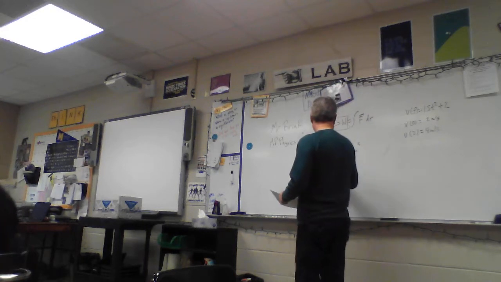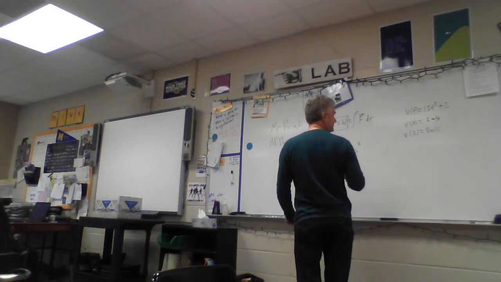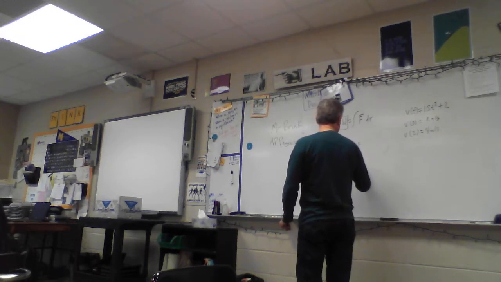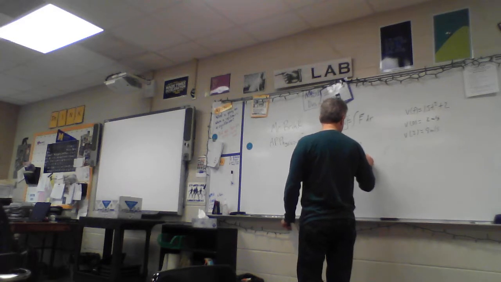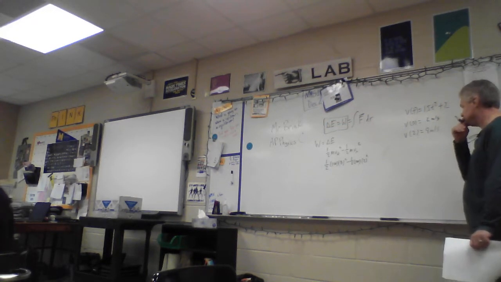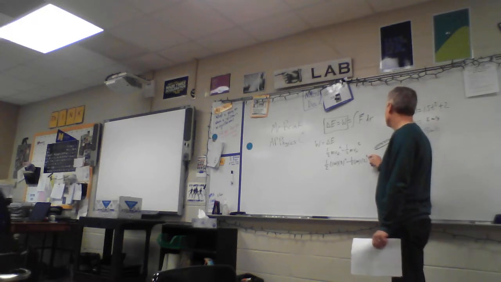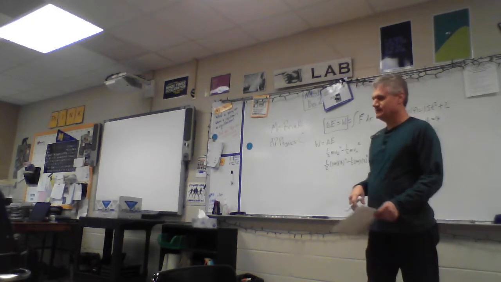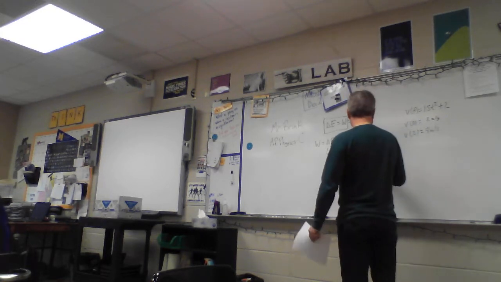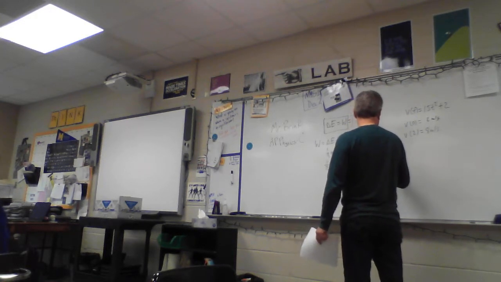It's 1/2 times 100 times final, which is 8 squared, minus 1/2 times 100 and 2 squared. Plug that in your calculator, do your mental math, and you get 50 times 60, which is 3,000.